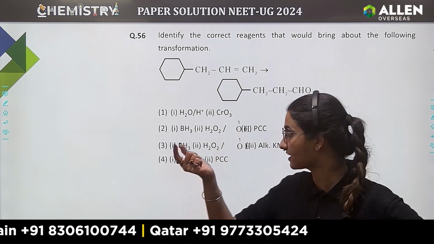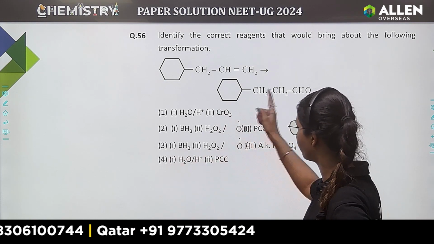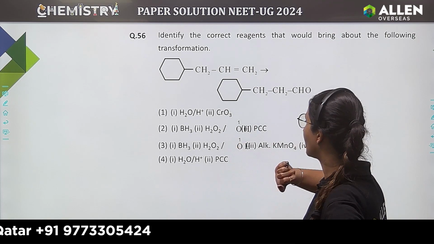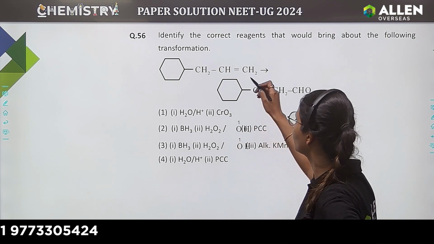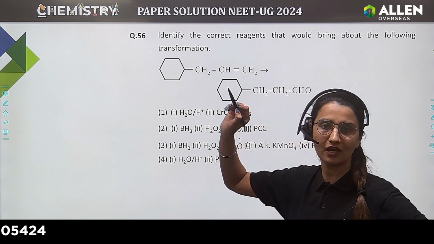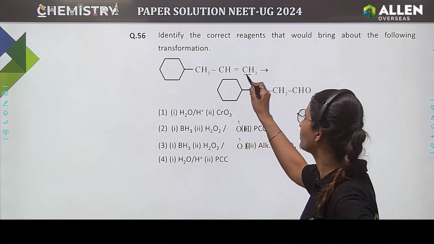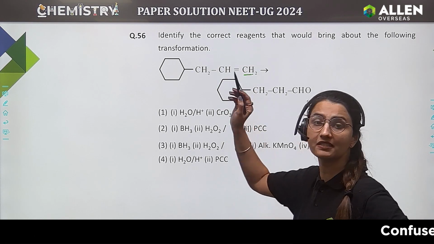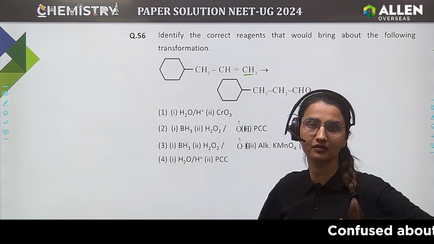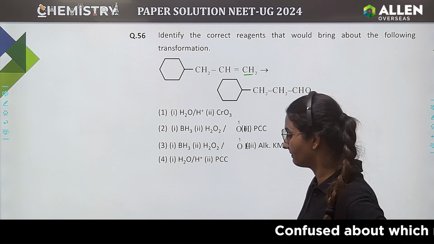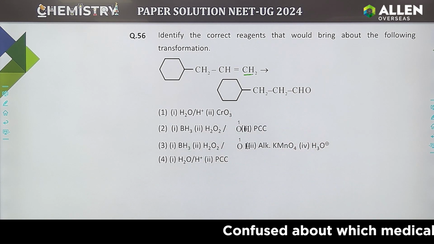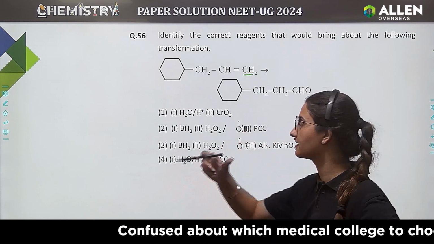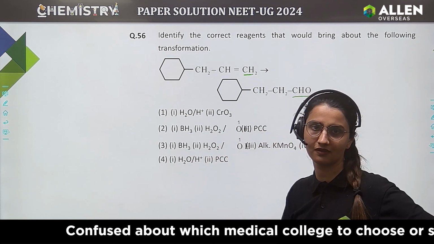It can strike in my brain also, having a hunch of options, that the first thing I have to do is incorporate one OH group here. OH group here means anti-Markovnikov addition, right? If I put OH group here by anti-Markovnikov addition, and then I oxidize it, I will get CHO.